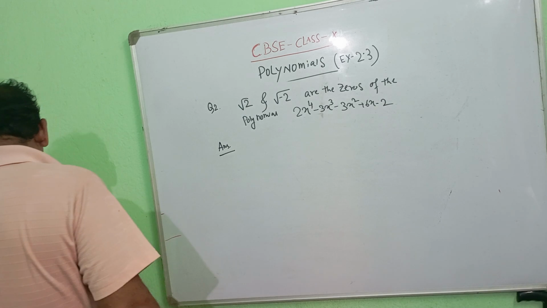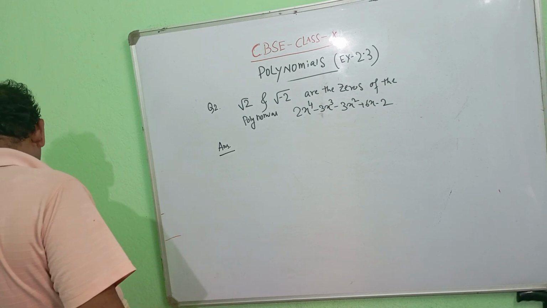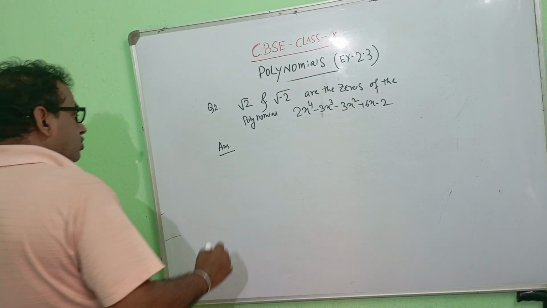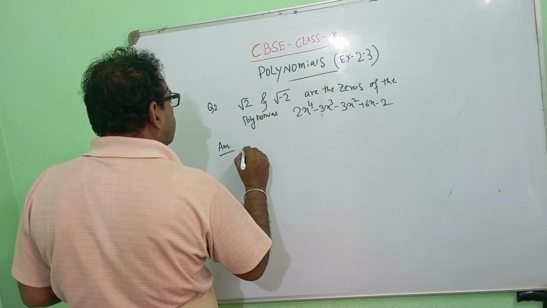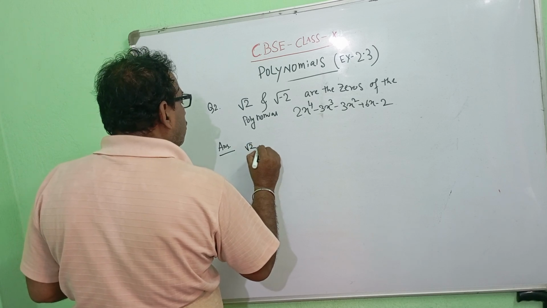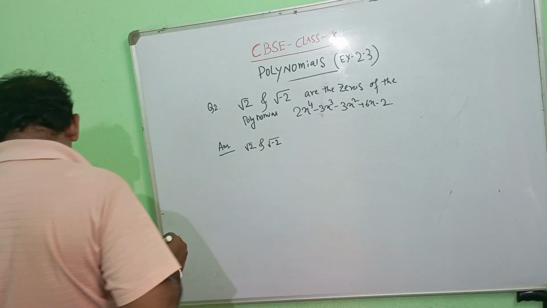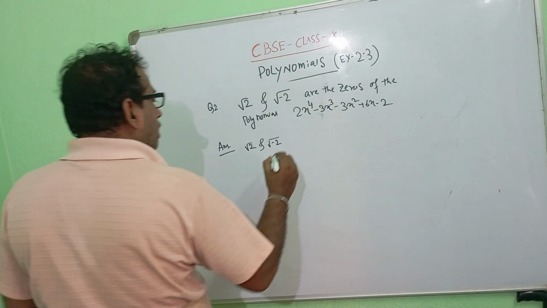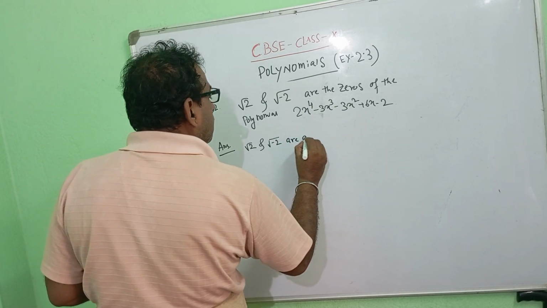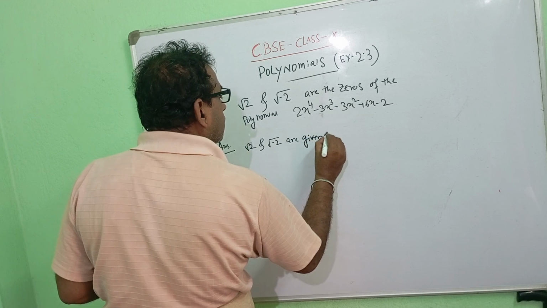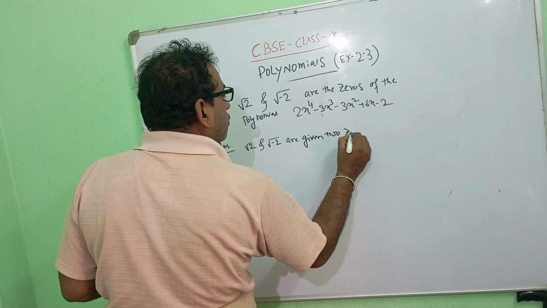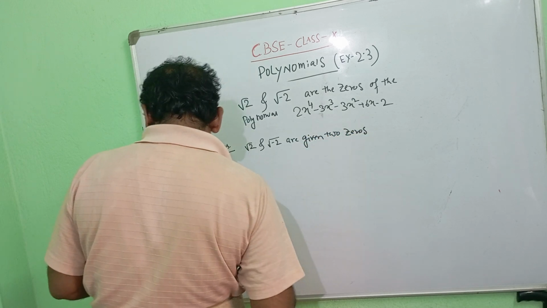what do we write basically? Start. Root 2 and minus root 2 are given to be zeros.